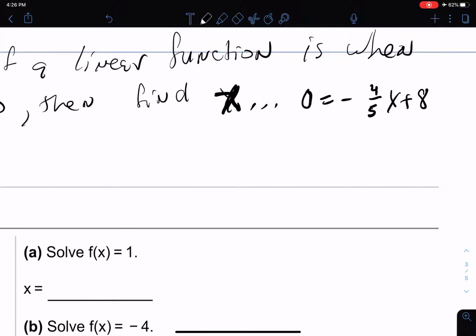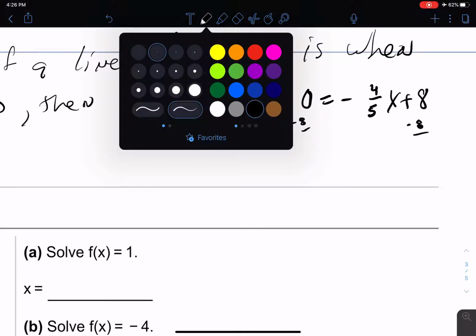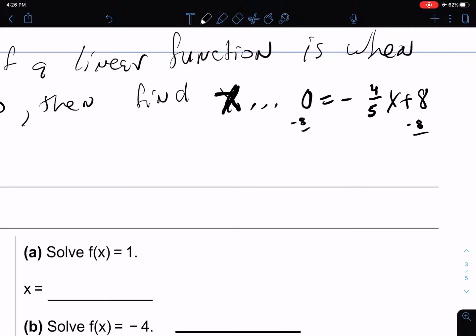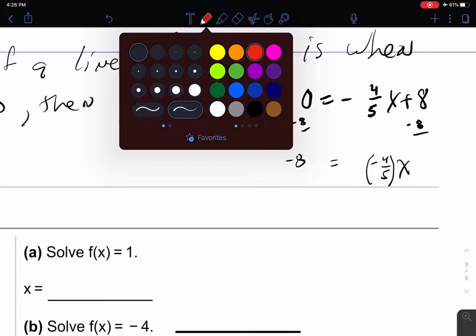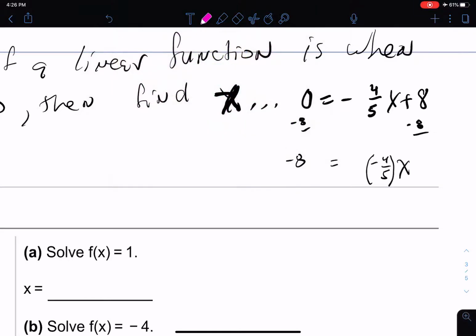Okay, so what do we do when we solve? We subtract 8 on both sides. So now we have negative 8 on the left, and that equals negative 4/5 x. The easiest way to turn a fraction into a 1 is to multiply by the reciprocal, which is negative 5/4.